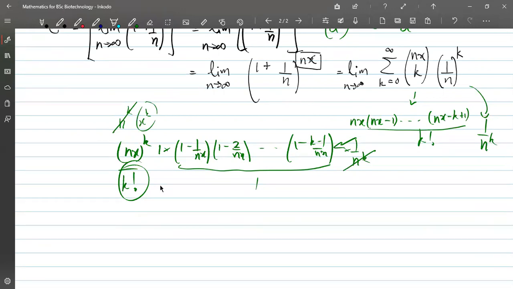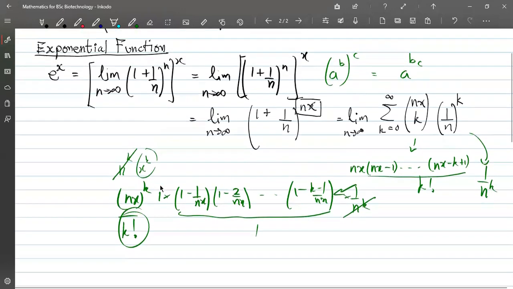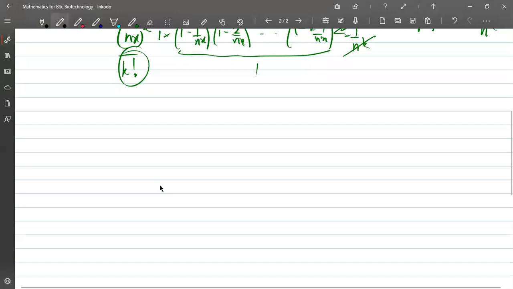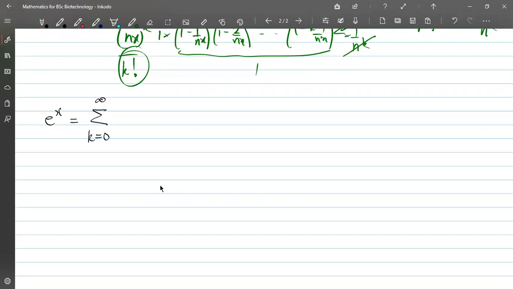So if I just write the final answer here, I don't want to do the whole derivation. What we get is e to the x is summation k equals 0 to infinity x to the k upon k factorial. Or if you expand it, so k equal to 0, you have x to the 0 upon 0 factorial.